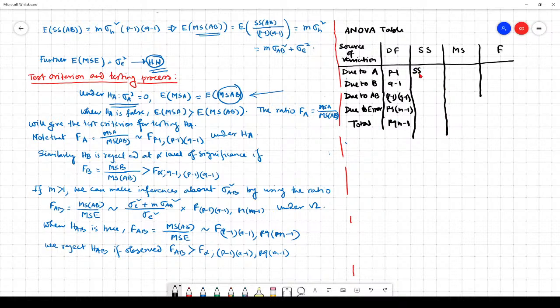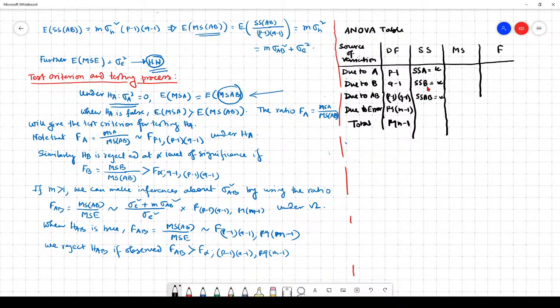Just write the expression. I just write SSA. Please write also the expression of SSA here. SSB, same thing. SSAB, you do the same thing. Just the expression, that is, for SSA it is Qm sum over i from 1 to p of yi not bar minus y not bar whole square.